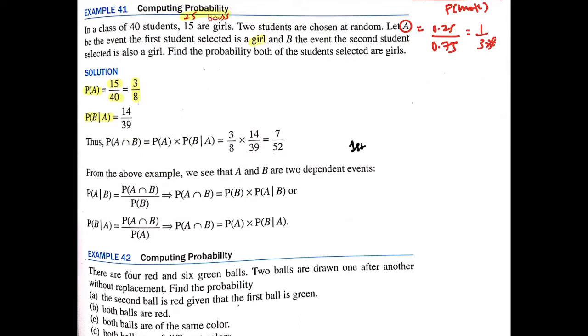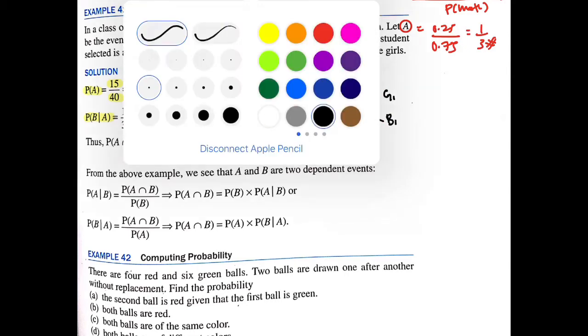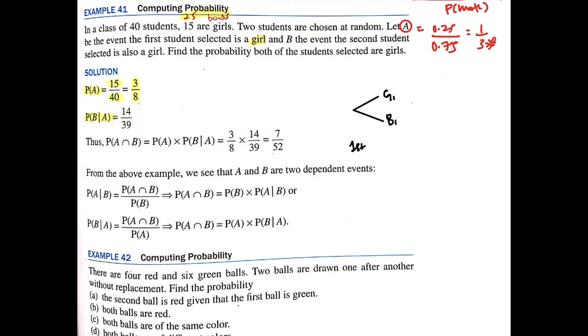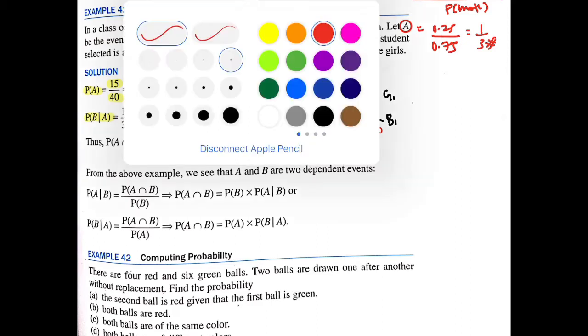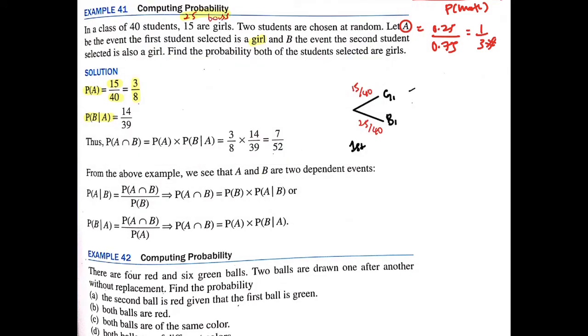Let's choose the first student here. It can be a girl or it can be a boy. So the probability of G1 and B1, meaning the first chosen is a girl, the first chosen is a boy. For P(G1), this is 15 over 40. For P(B1), it is 25 over 40. So what's the probability that the next one chosen is a girl or a boy?